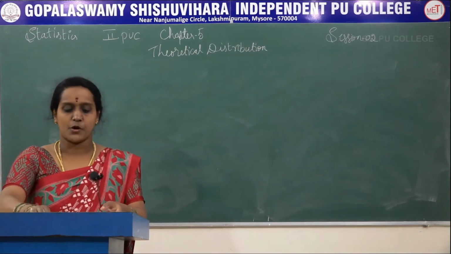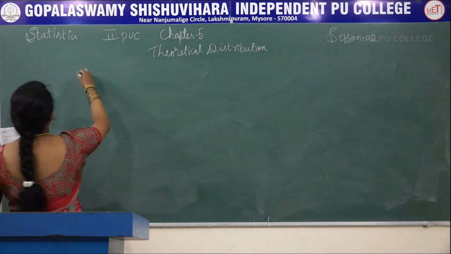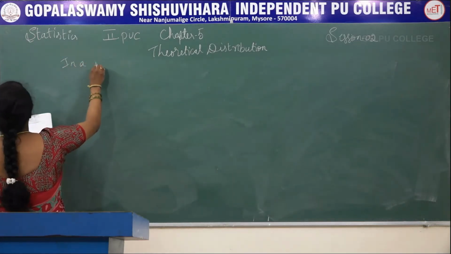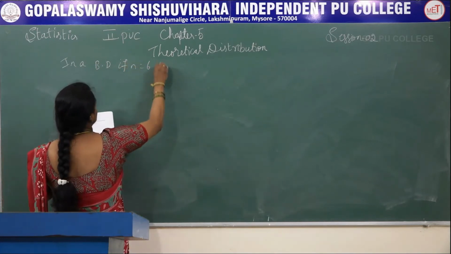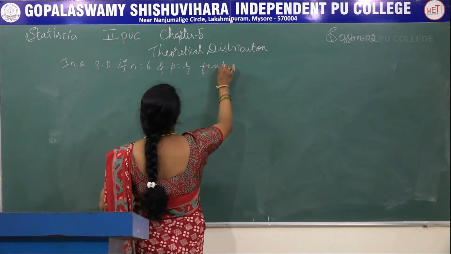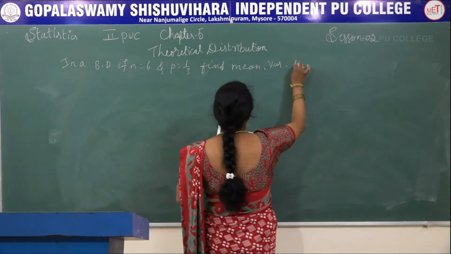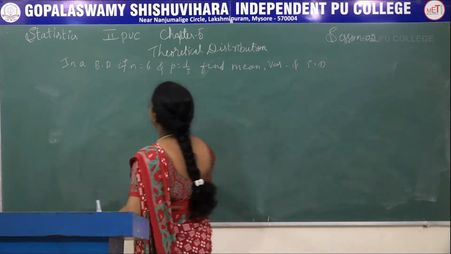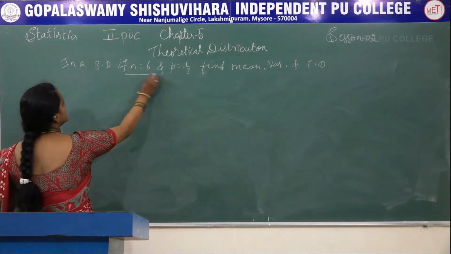Let us solve some problems based on this distribution. In a binomial distribution, if n is equal to 6 and p is equal to 1 by 3, find mean, variance and standard deviation. First we will write the given, whatever they have given: n and p.